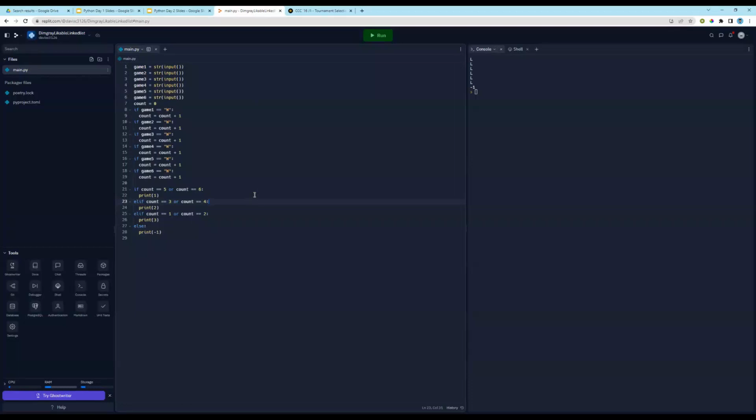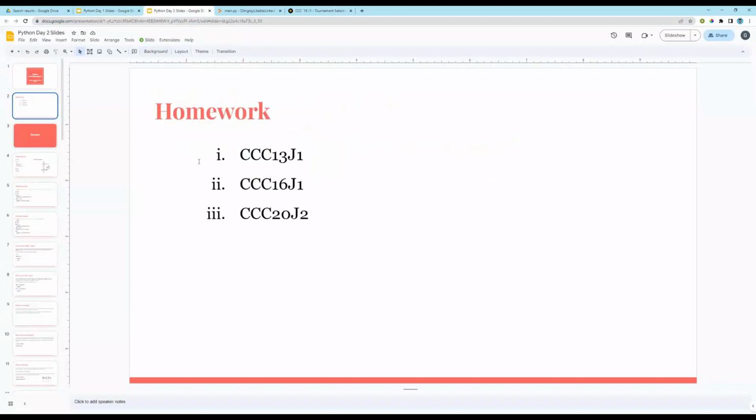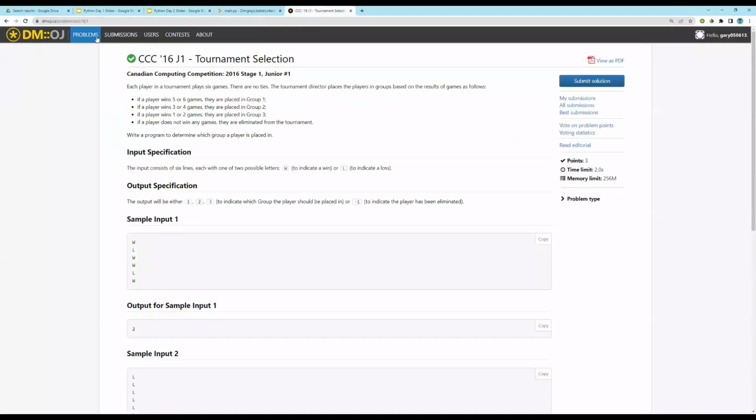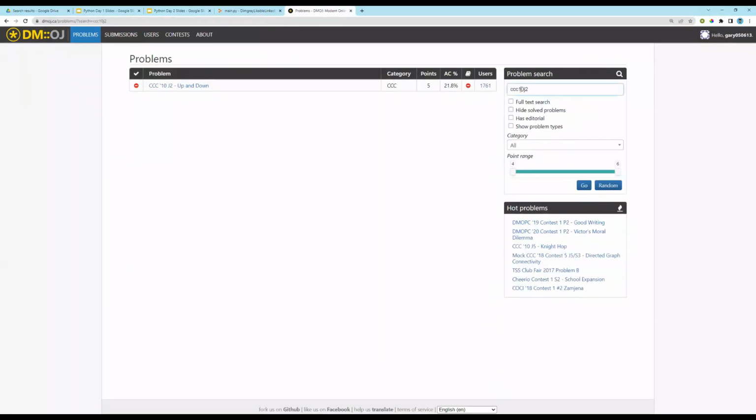If not, we'll be moving on to the next review, the last review problem. Okay, I guess we'll be moving on to the last problem. So the last problem is CCC 20J2.